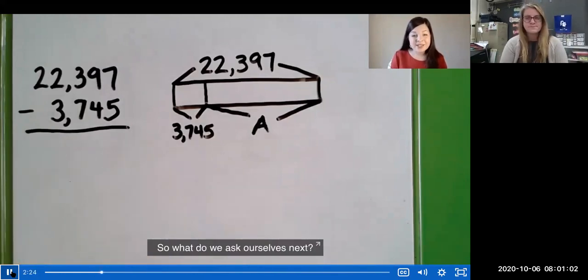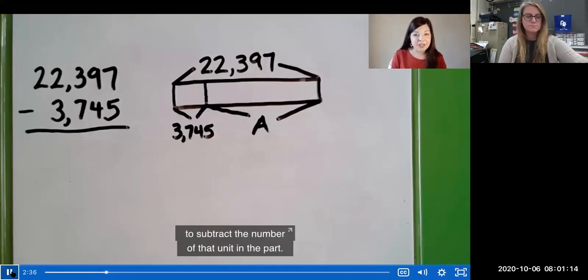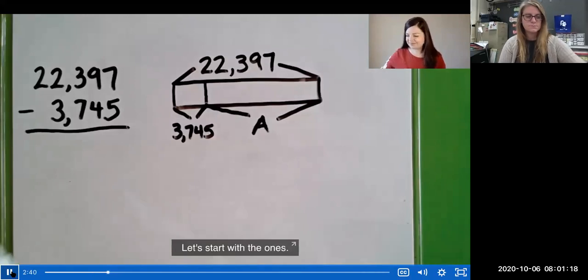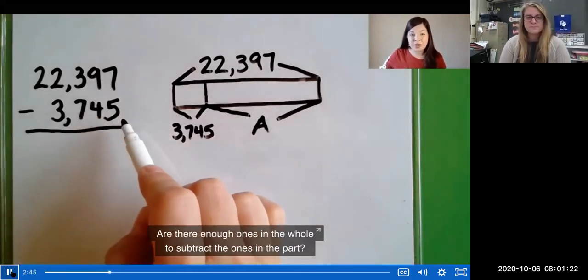So what do we ask ourselves next? Next, we'll look at each column and we'll ask ourselves if there are enough of that unit in the whole to subtract the number of that unit in the part. Let's start with the ones. Are there enough ones in the whole to subtract the ones in the part?